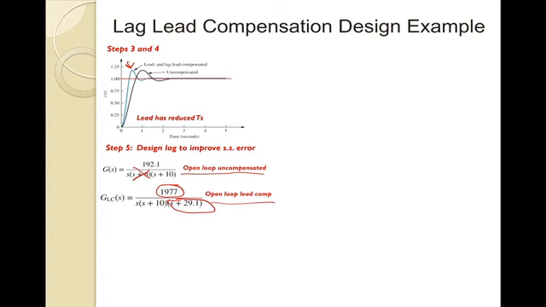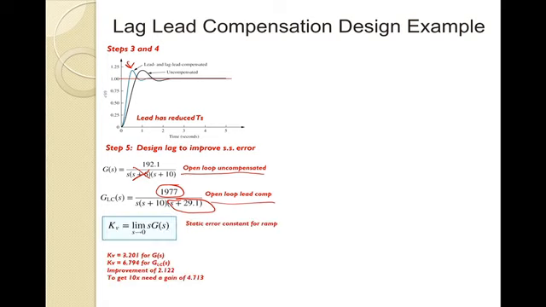So that's our open loop system with the lead compensator included. And now, because we have a ramp input at the reference here, we need to find out what that static error is for that ramp.